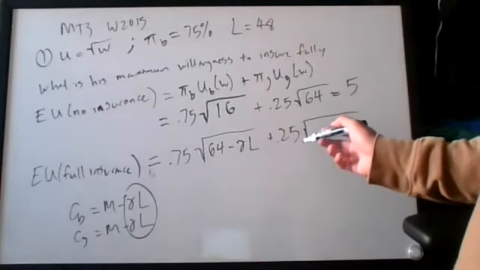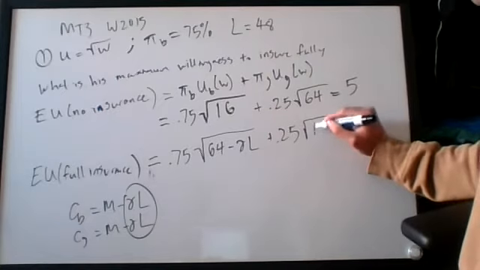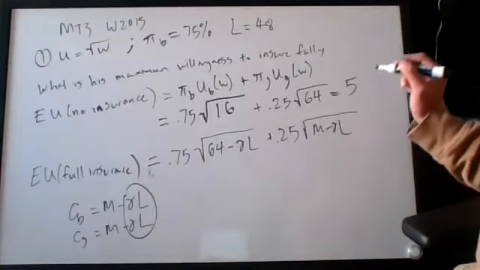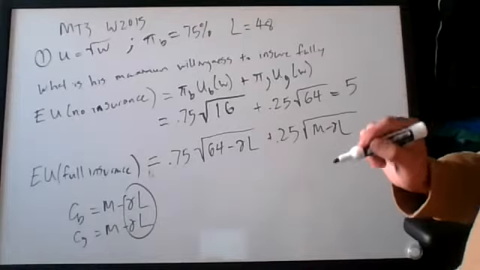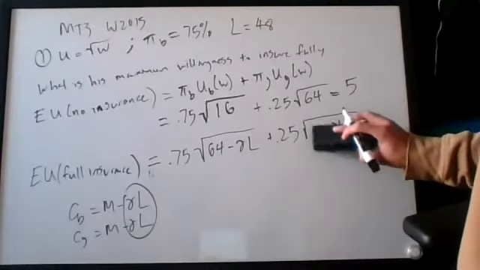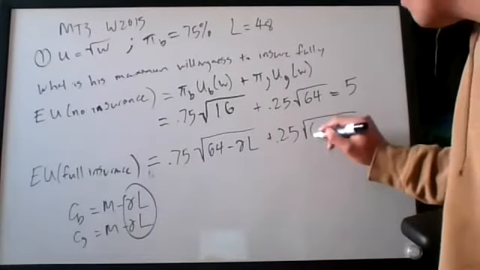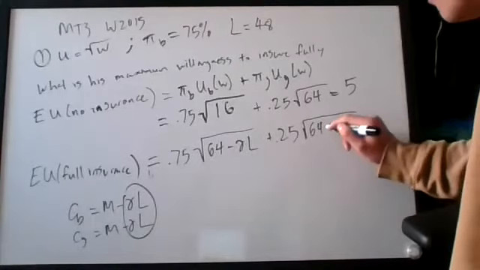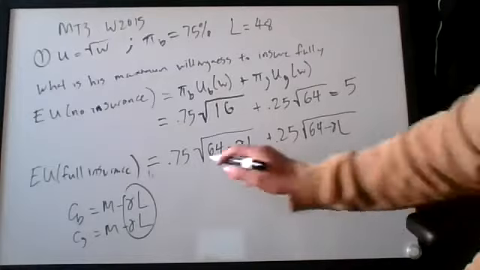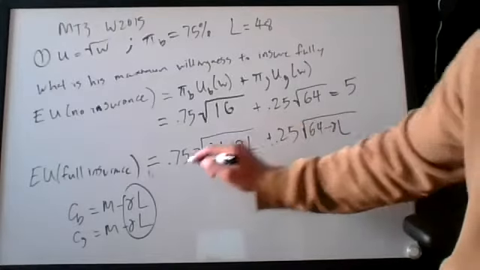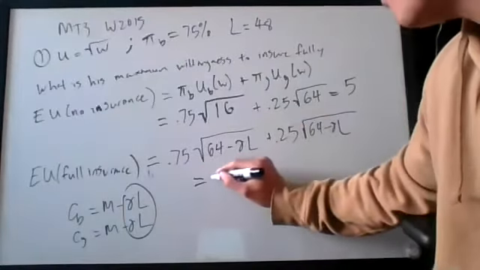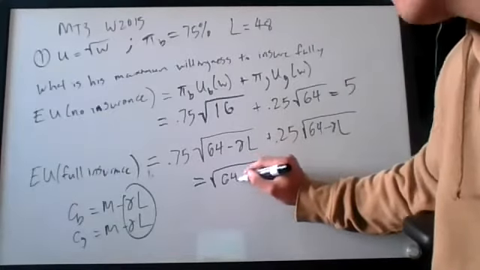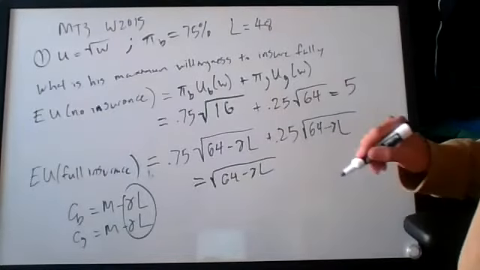But we know that in the good state, his consumption is also M minus gamma L, okay? And M is 64, so we'll just plug that in for now. What you'll notice is that these two probabilities add up to 1. And so this simplifies out to 64 minus gamma L, right?